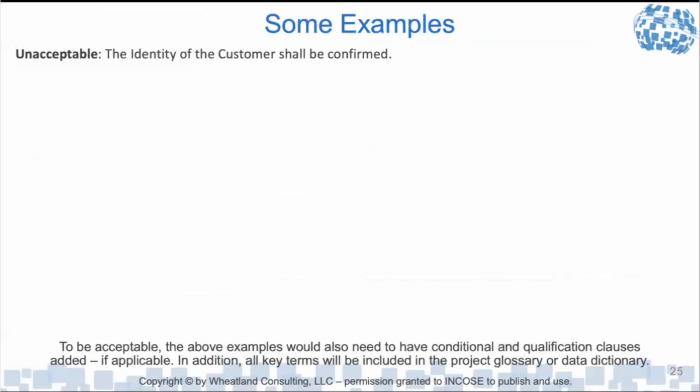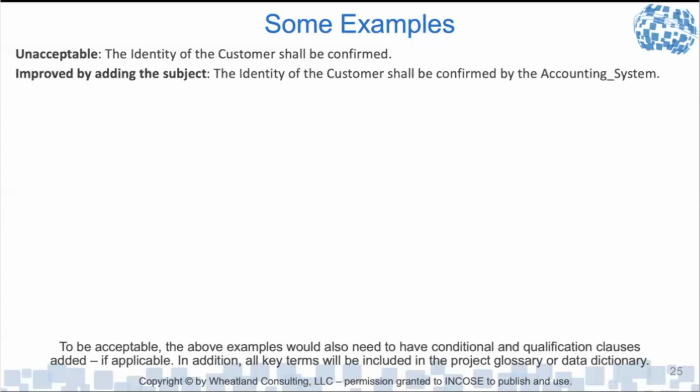So some examples. The identity of the customer shall be confirmed. Shall be is a big indicator of passive voice. And notice it doesn't say what entity is responsible for doing that action. Improved: the identity of the customer shall be confirmed by the accounting system. I've capitalized Customer because I've defined exactly what I mean by customer in my glossary or data dictionary.